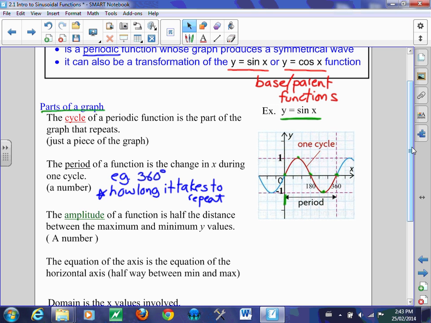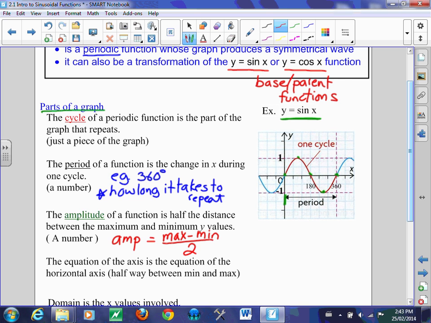Okay, the amplitude I explained on the first one, it's the distance from the axis to the maximum, or you can take the maximum, subtract the minimum, and divide by 2. So to find the amplitude, it's the max, subtract the min, divide by 2.